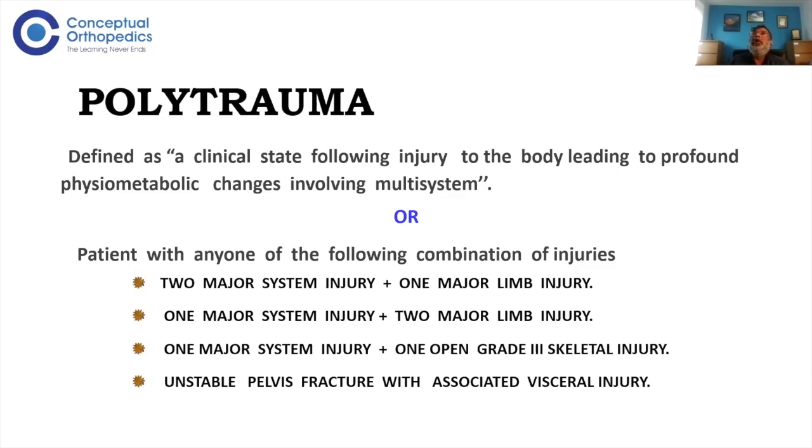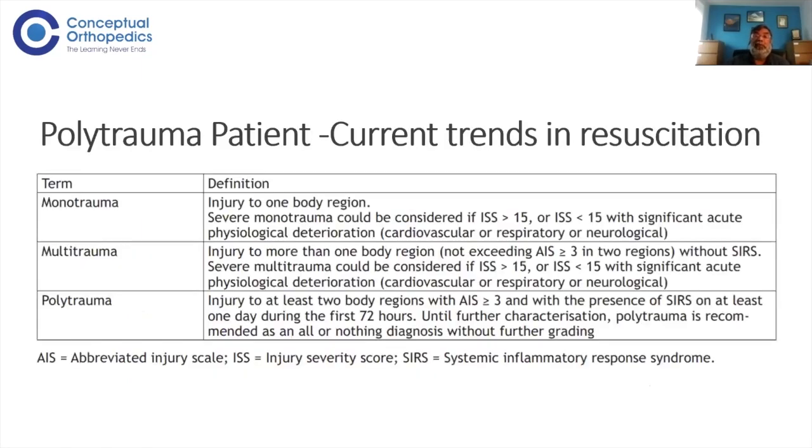So even with a significant attempt, it is very difficult to define polytrauma objectively. Many papers use monotrauma, multitrauma, or polytrauma, sometimes interchangeably: major trauma, polytrauma, major multiple fractures.